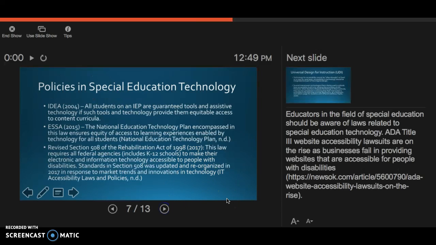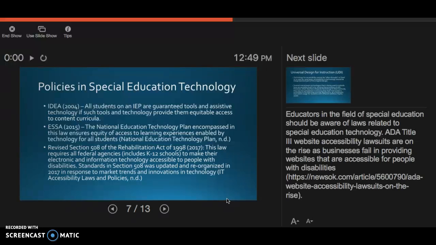Some of the policies in special education technology. Educators in the field of special education should be aware of laws related to special education technology. We know that there are accessibility laws. Under the Americans with Disabilities Act, Title III, website accessibility lawsuits are on the rise as businesses fail in providing websites that are accessible for people with disabilities, because most businesses are not aware of what they need to provide for people with disabilities.